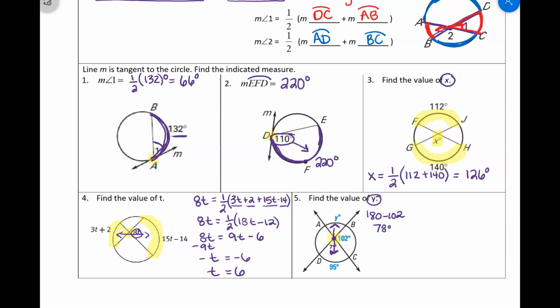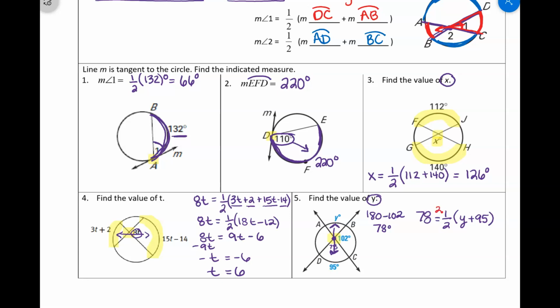Now 78 is right there. So this is the way we set it up: 78 equals 1/2 of the arcs added together. You can see the y now moves inside to the other side. This time I am not going to distribute the 1/2.